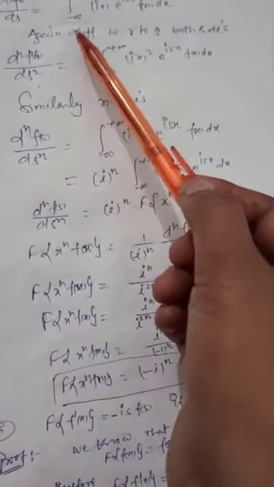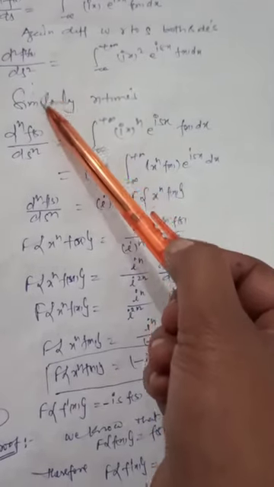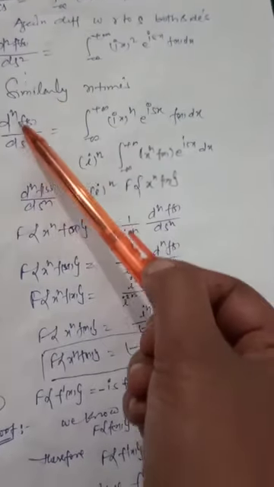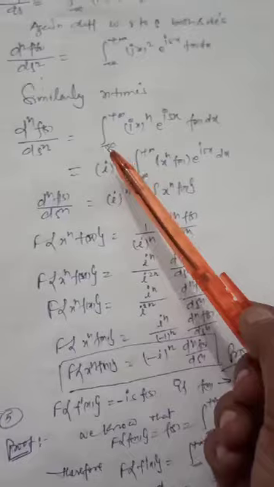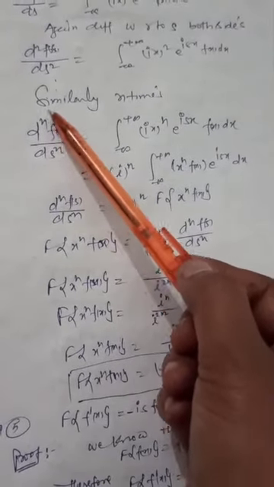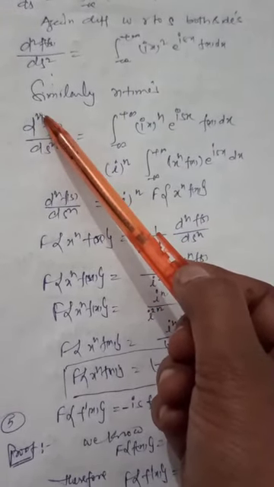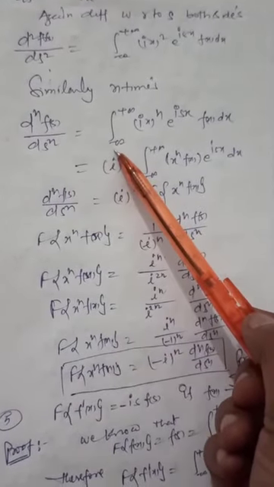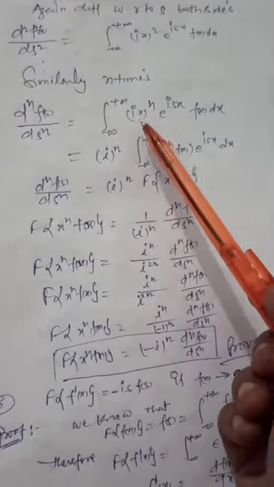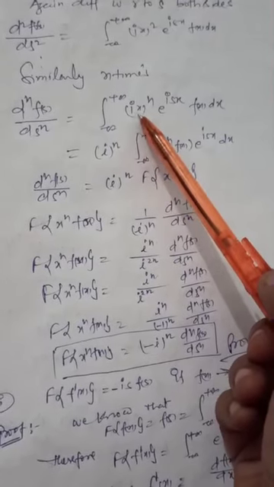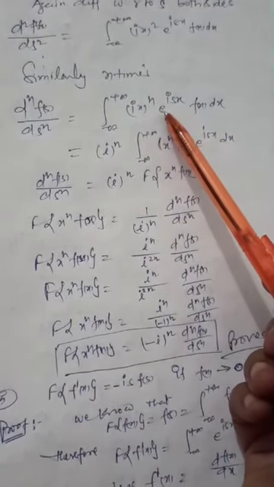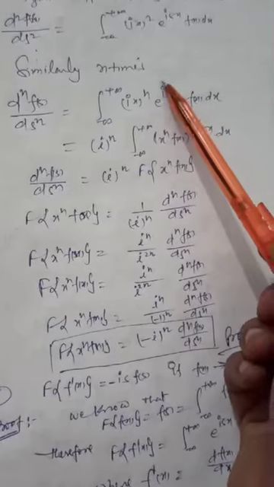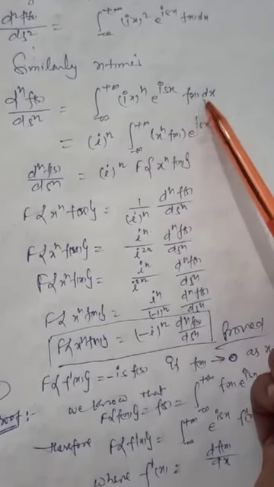Similarly, if you differentiate 3 times, 4 times and n times, generally d^n over ds^n of F(s) is equal to the integral from minus infinity to plus infinity of (i x) raised to power n exponential i s x f(x) dx.